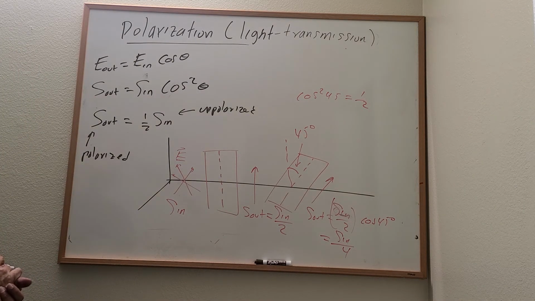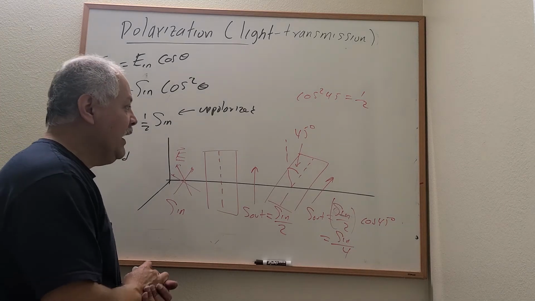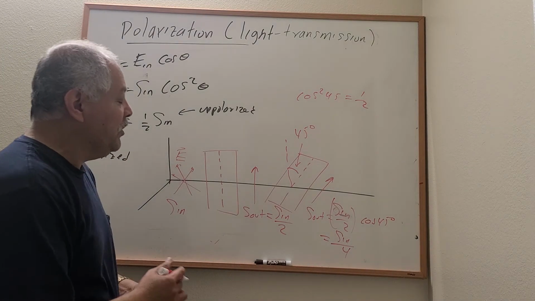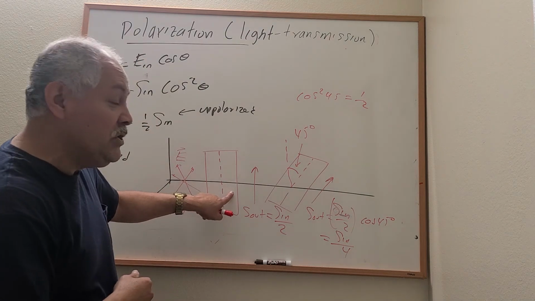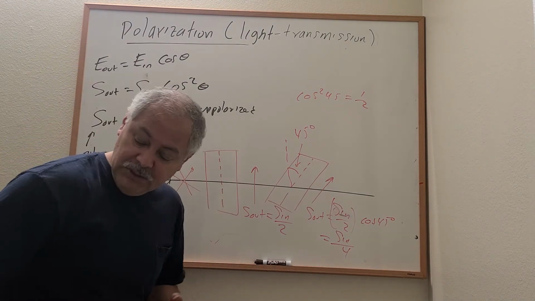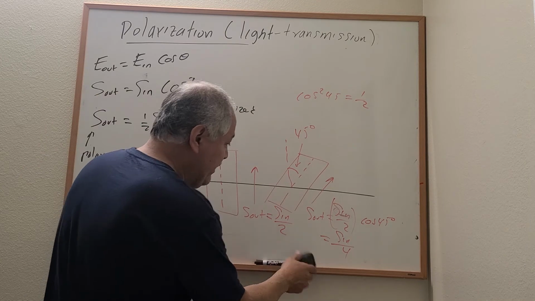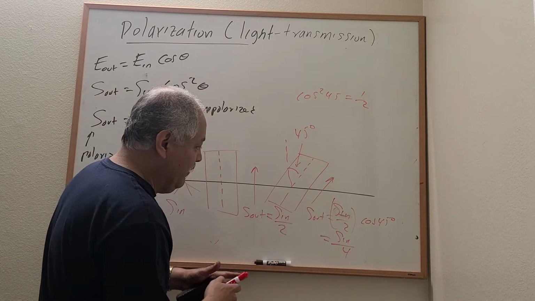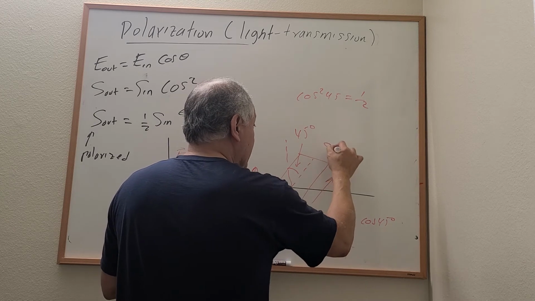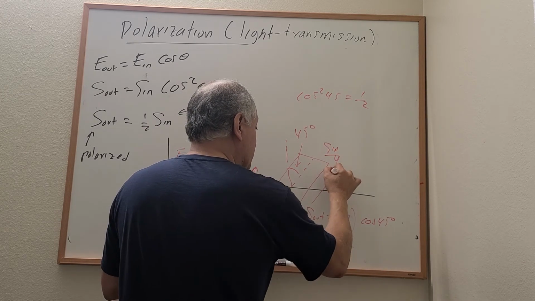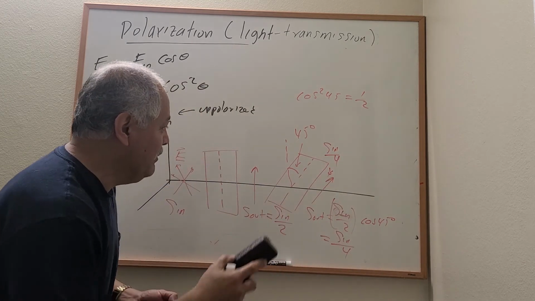Now imagine that we have another one, but now that one is at 90 degrees with respect to this one. Just remember, for the second one, we found that the intensity right here is the initial divided by 4. That's the outcome. Perfect.